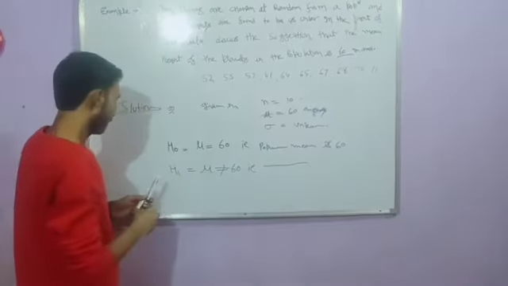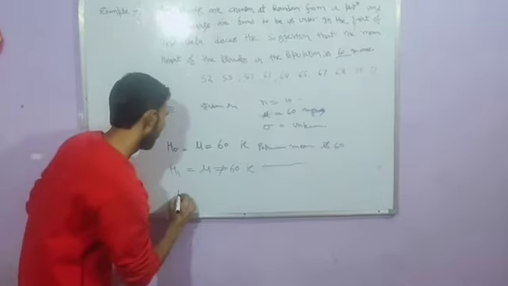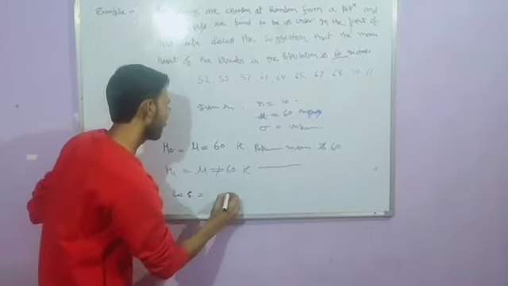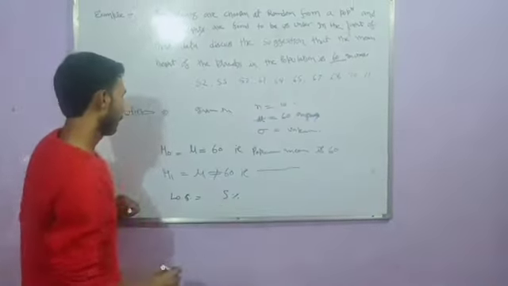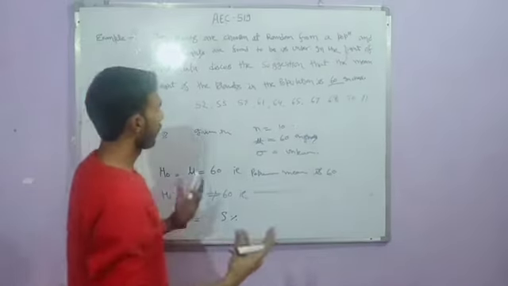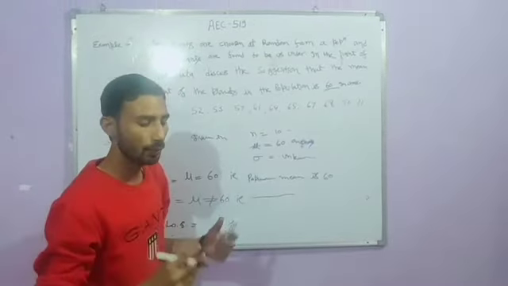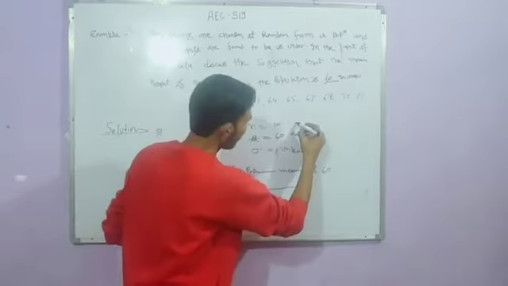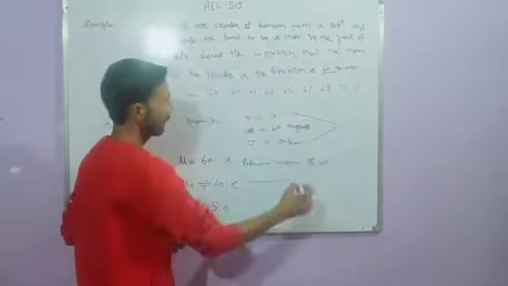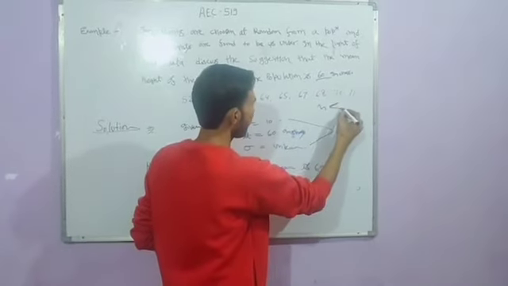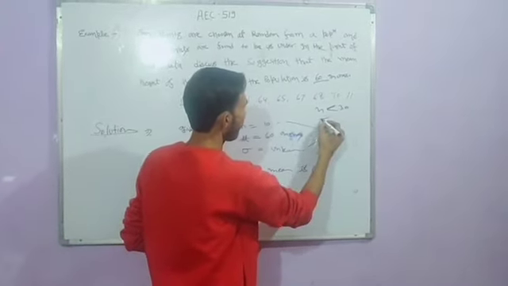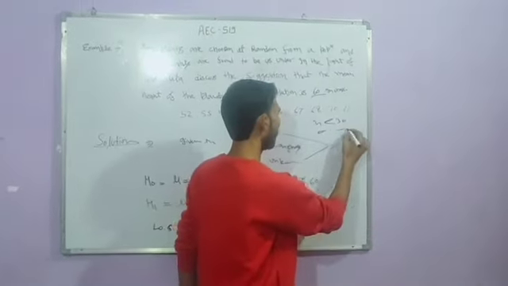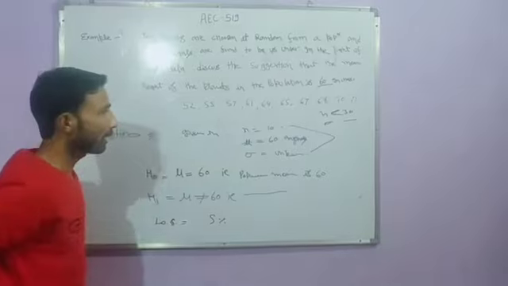Now the third step, level of significance: 5%. Next step, choose the test statistic. Here the two assumptions of the t-test hold: n is less than 30 and the population standard deviation is unknown, so we use the student t-test.